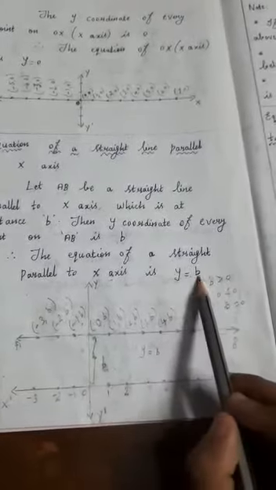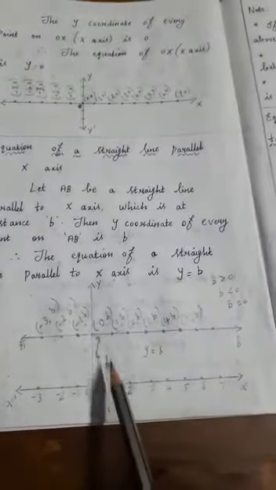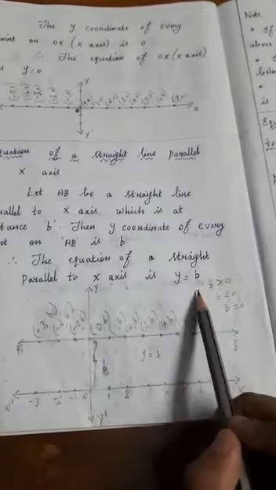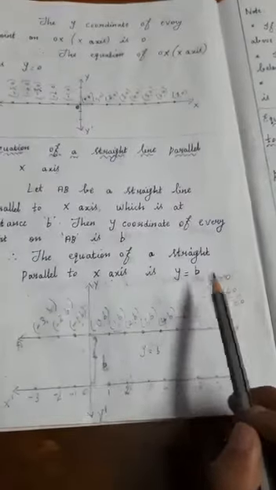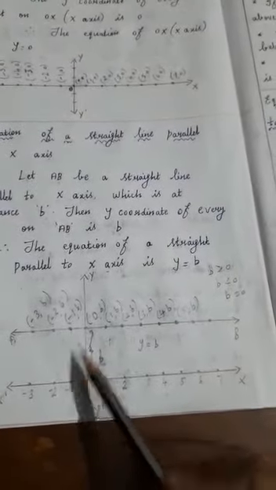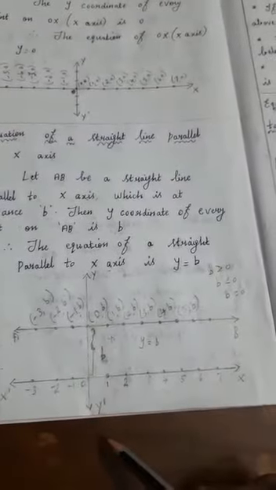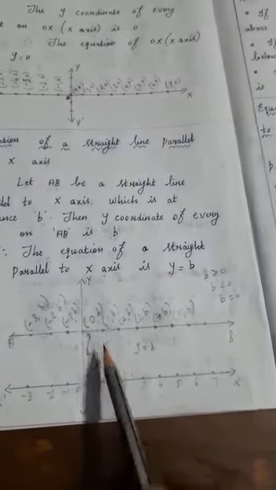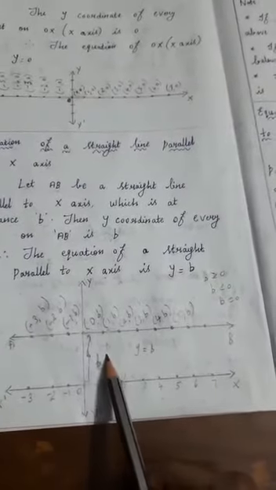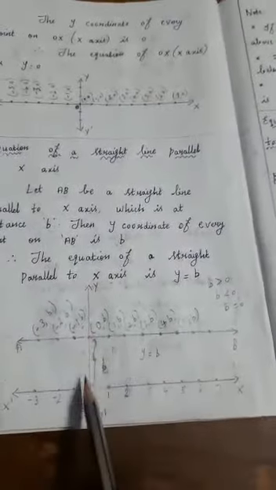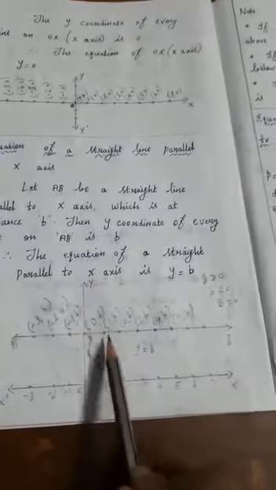For example, if you take any other number for the distance from this line to this line, for example a positive number, y is equal to 4, so the distance is 4. Positive number means above the x-axis, and if you consider a negative number distance, it will come below the x-axis line. So now if the distance is 4, how will you plot these points? 0 comma 4, 1 comma 4, 2 comma 4, 3 comma 4.